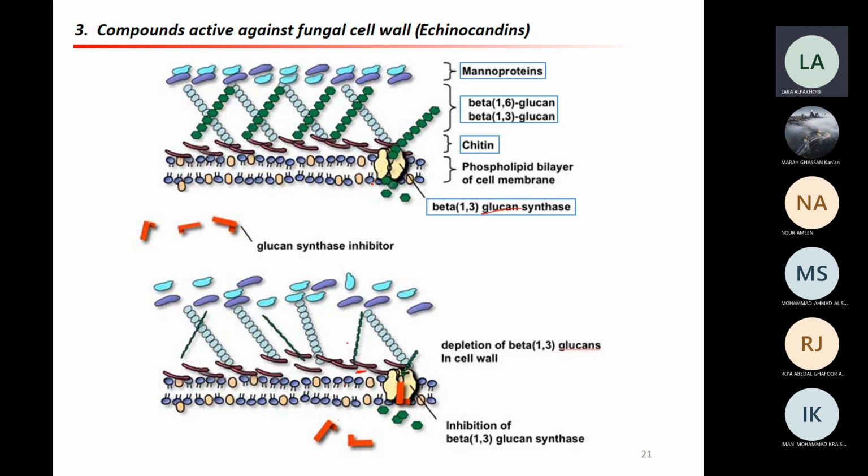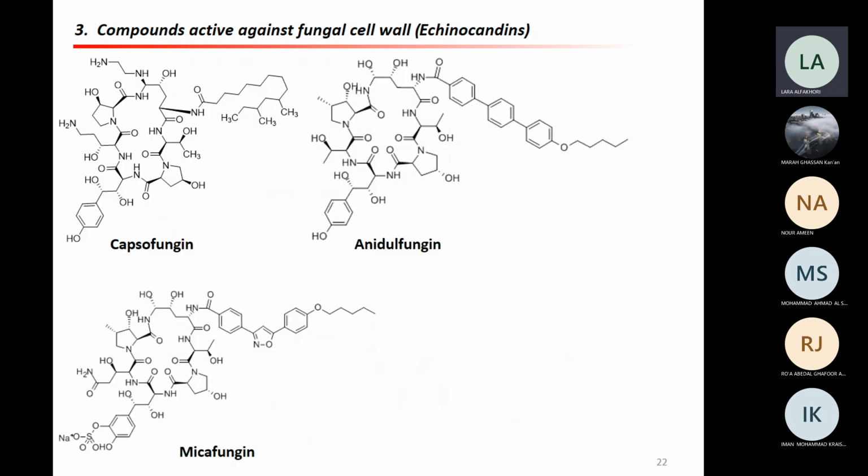What it does simply, it binds to the glucose and eventually it polymerizes those glucose units, giving rise to the glucan. Okay? هلا the only drugs that are known to inhibit the glucan synthase اللي هم اسمهم الechinocandins.